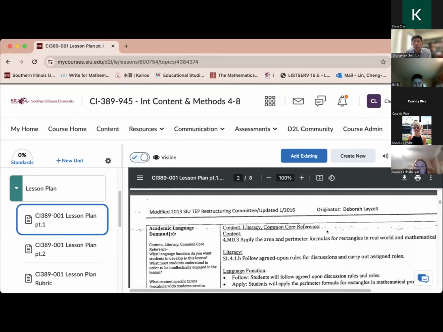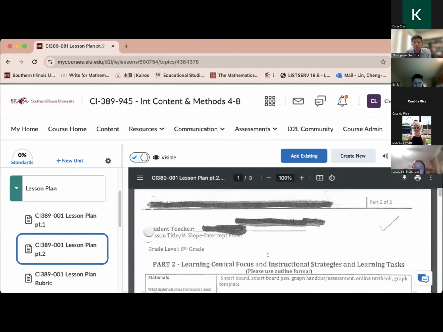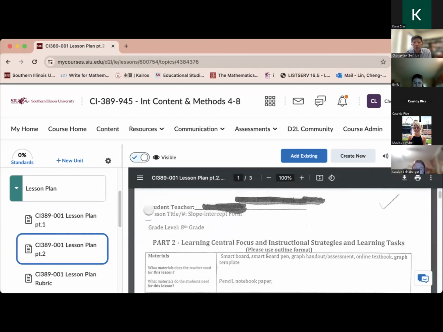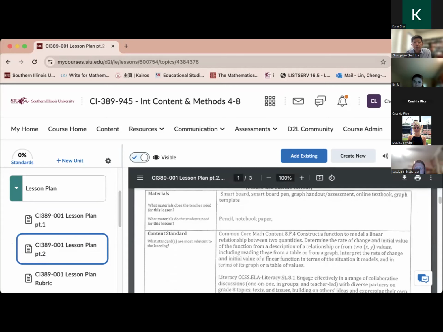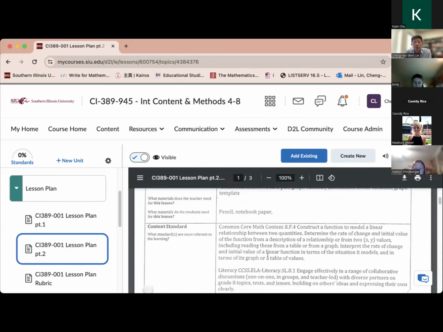And make sure, I think a lot of the time people miss this, make sure you align with the standard. What's the standard you have to align with, which is a goal, and what is your assessment. So you have a goal, you have objectives, then you have a lesson based on objectives.